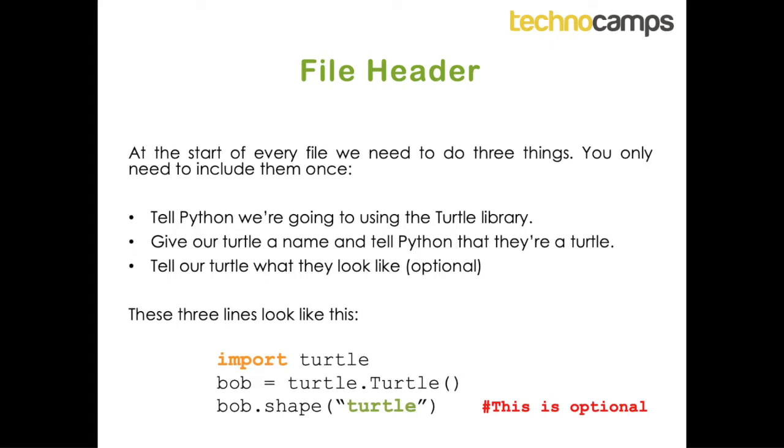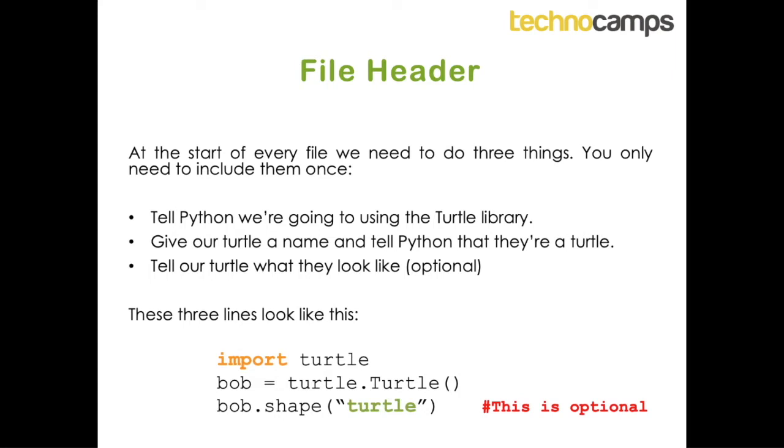Two, it must have no spaces. And three, it must be sensibly short, because we're going to be writing this name out a lot of times. If we make it too long, that's a lot of extra typing, and that's not helpful to anyone.